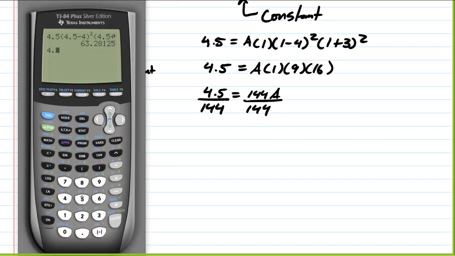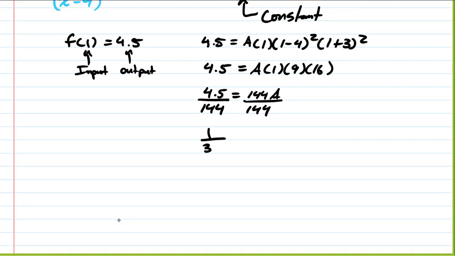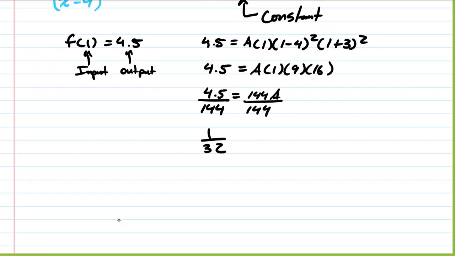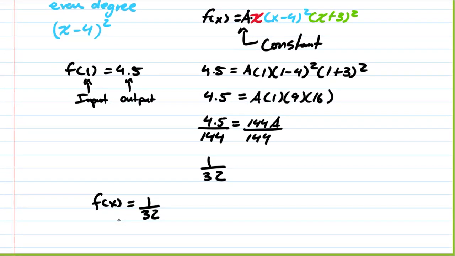Now we get 4.5 divided by 144. And let's get that as a fraction. We get 1 over 32. So then that would give us f of x equals 1 over 32 times (x - 4) squared times (x + 3) squared.